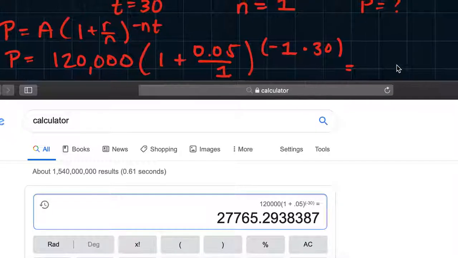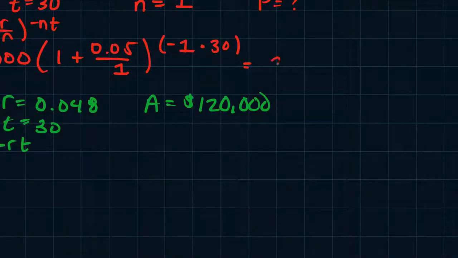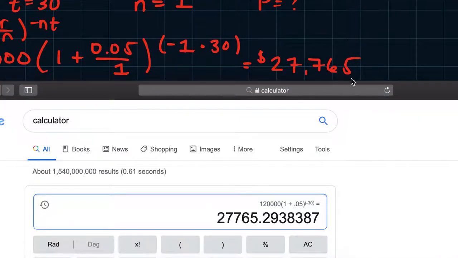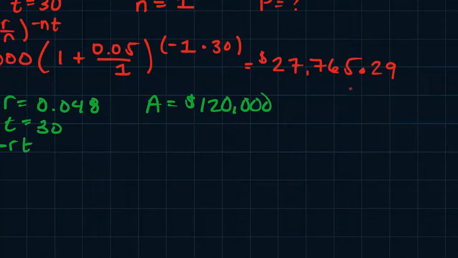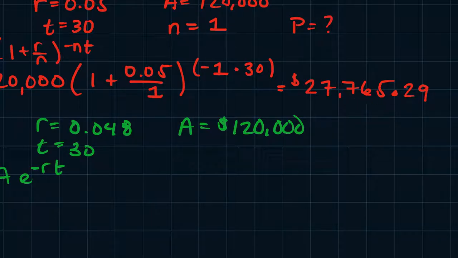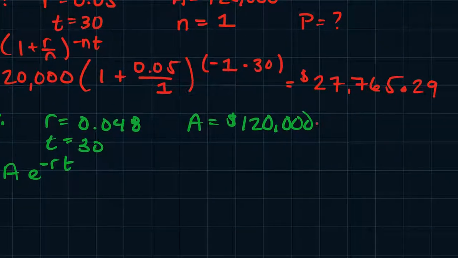27,765.29. Okay, so for Plan A, to reach our goal, we have to put $27,765, and a little bit extra.